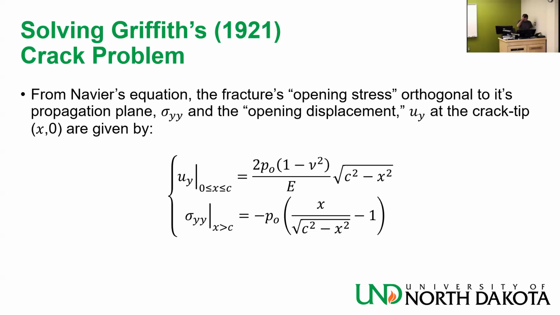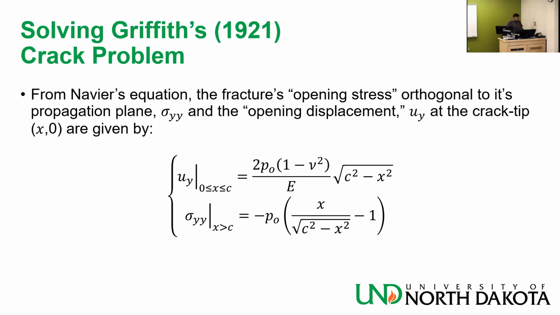And we see the equations that are not that difficult because we have c, which is the half length. We have x, which is how far along the fracture, how far the crack tip is from the fracture initiation point.